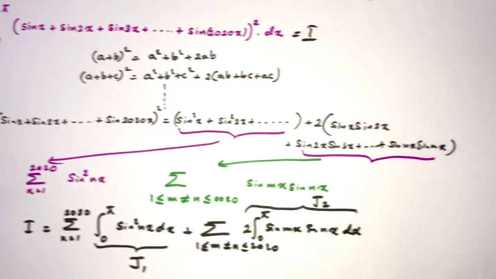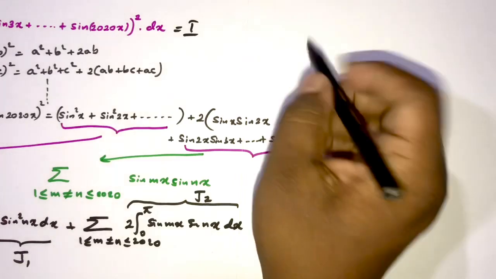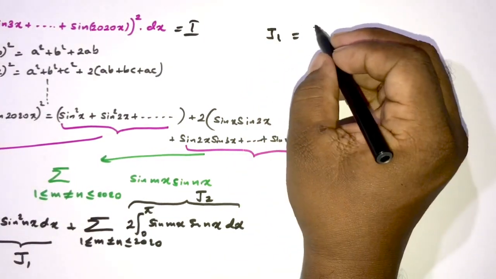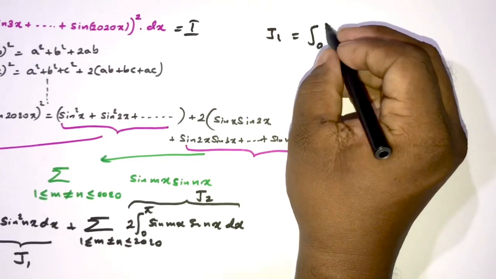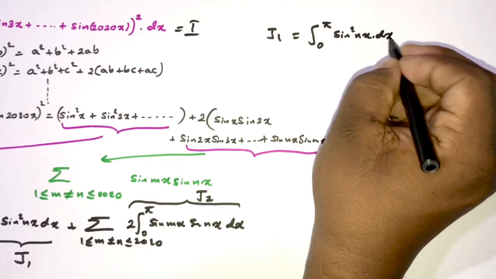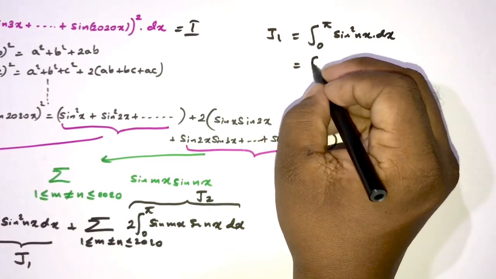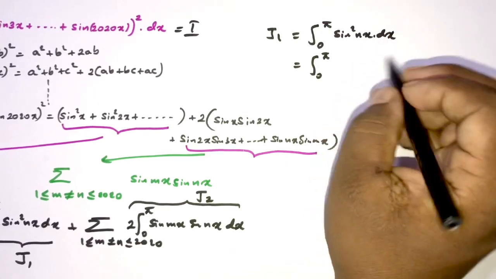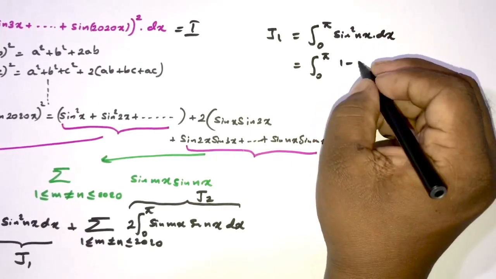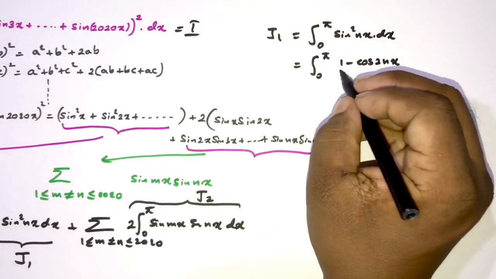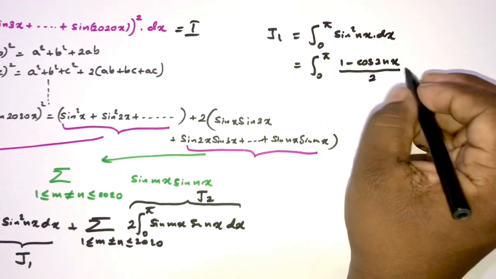First I am going to evaluate j1. We know j1 is equal to the integral from 0 to pi of sine squared of nx dx. Now by the trigonometric formula, we can write sine squared of nx using cosine: (1 minus cosine of the double angle 2nx) over 2 dx.